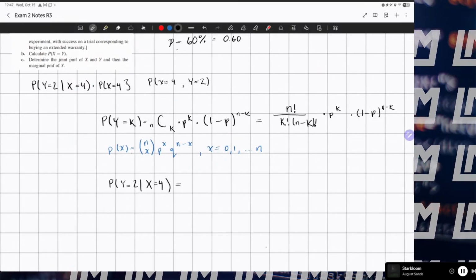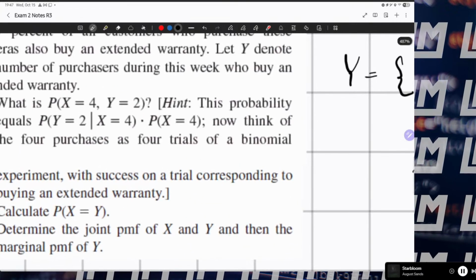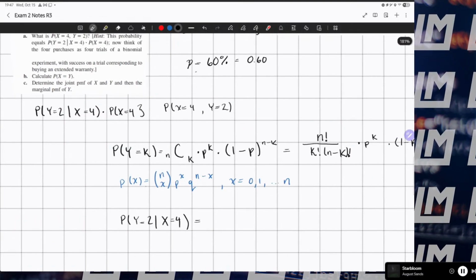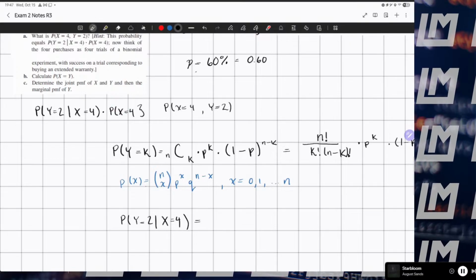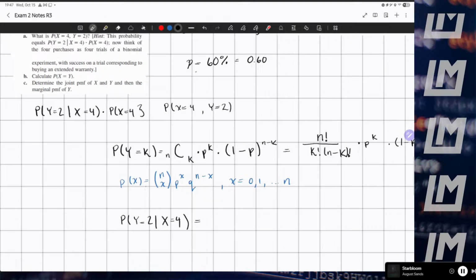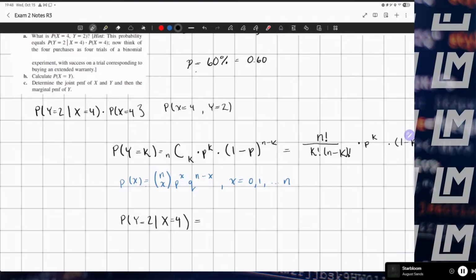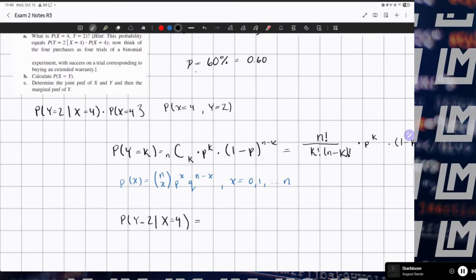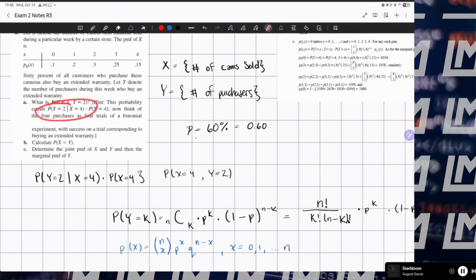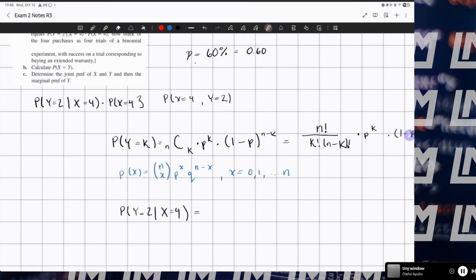Is equal to, so looking at the hint right here, 4 is n, and 2, which is y, is k. So the formula, when you're trying to find the binomial, given this hint right here, y is going to be acting as the n, and 4 is going to be acting as the k.